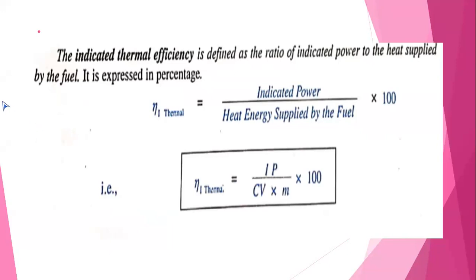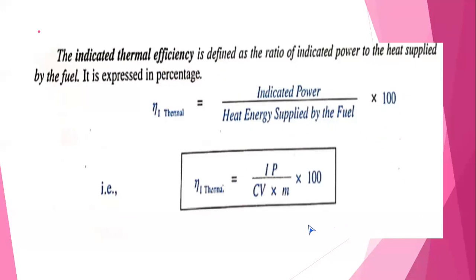The indicated thermal efficiency is defined as the ratio of indicated power to the heat energy supplied by the fuel, multiplied by 100.